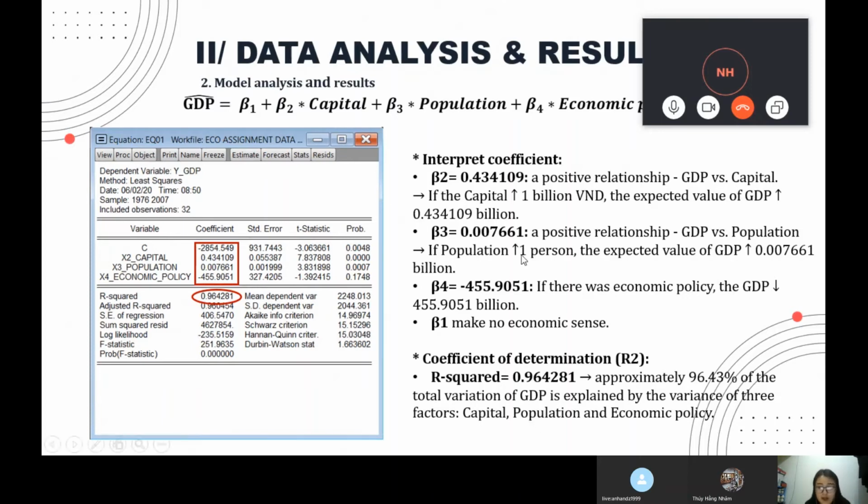The R square you can see here is equal to 0.964281, and it can be seen that approximately 96.43% of the total variation of GDP is explained by the variance of three factors: capital, population, and economic policies. And now my teammate Hoàng Ngọc Nhân will talk to you about the next part.